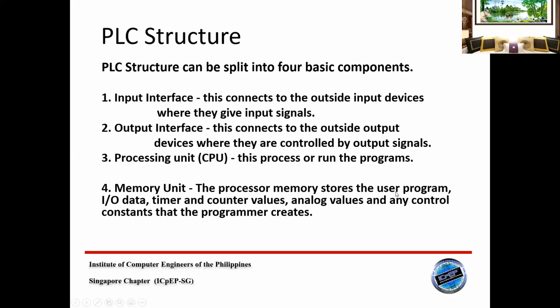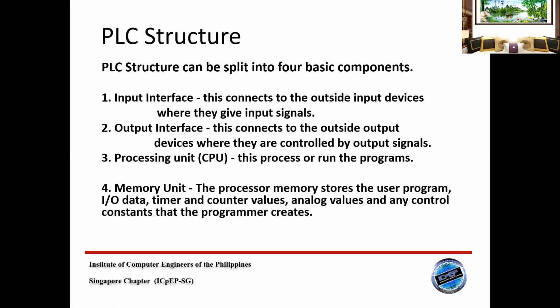So let's start. The PLC structure. We have four basic components: the input interface, the output interface, the processing unit, and the memory unit. The input interface connects to the outside input devices that give input signals.